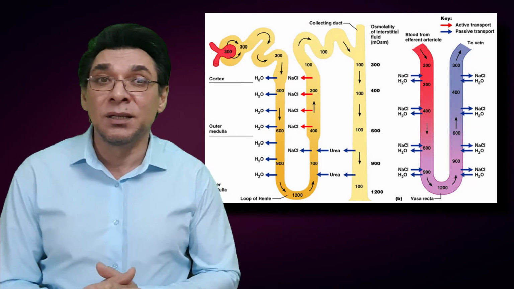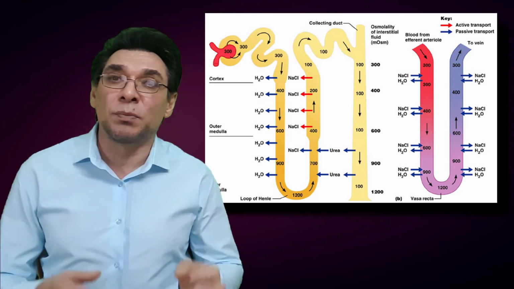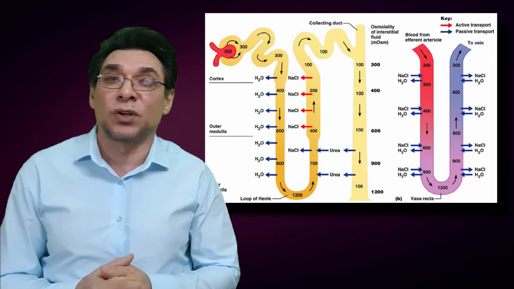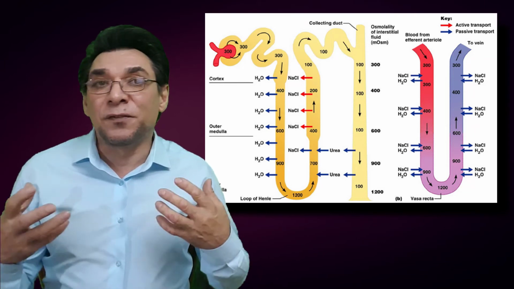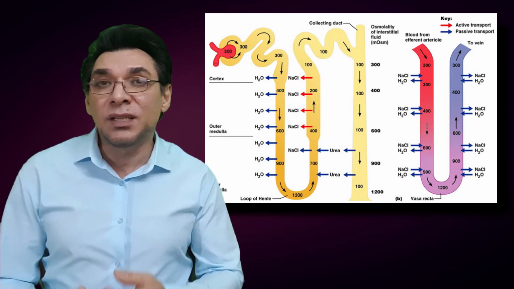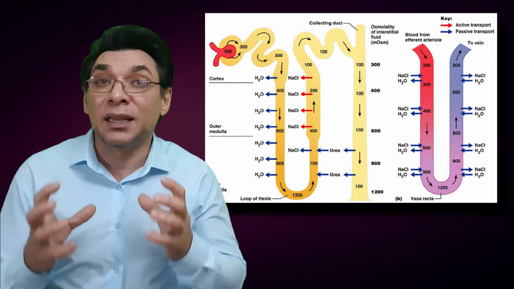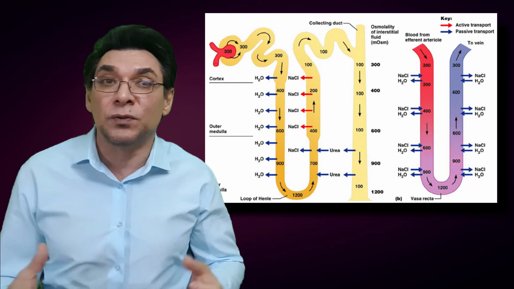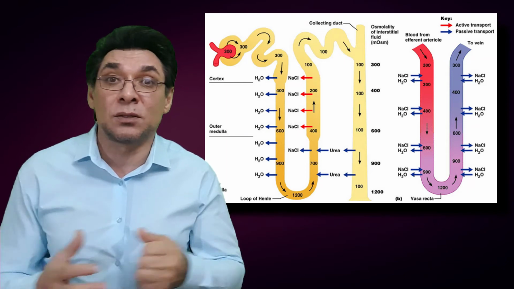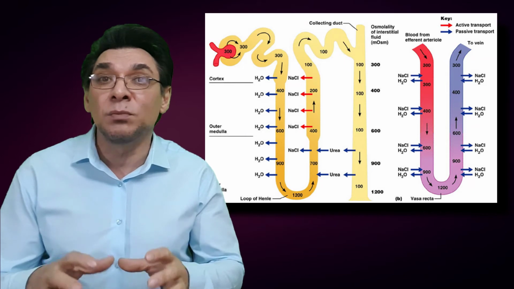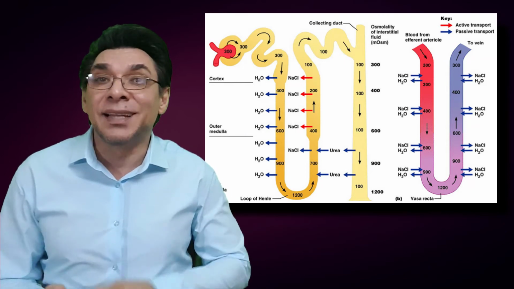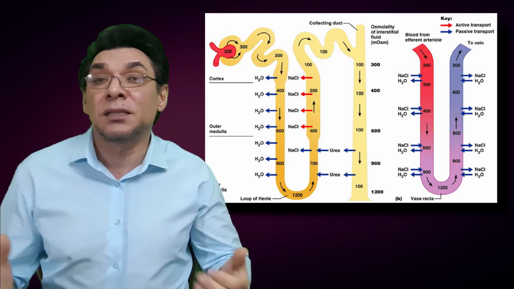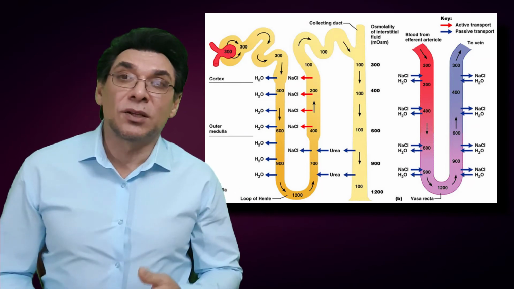In the ascending limb of the loop of Henle, sodium, potassium, and chlorides, but little water, are removed from the filtrate. Consequently, the filtrate becomes dilute. In the distal convoluted tubule and the collecting duct, additional sodium and chlorides are removed. Water moves out by osmosis, and the filtrate volume is reduced by another 19%, leaving 1% of the original filtrate volume as urine. Tubular secretion.